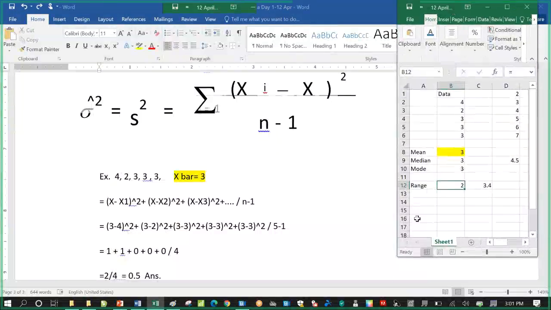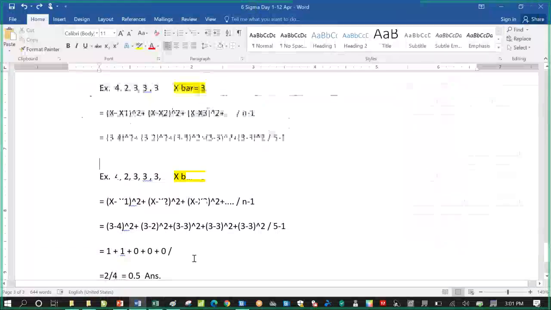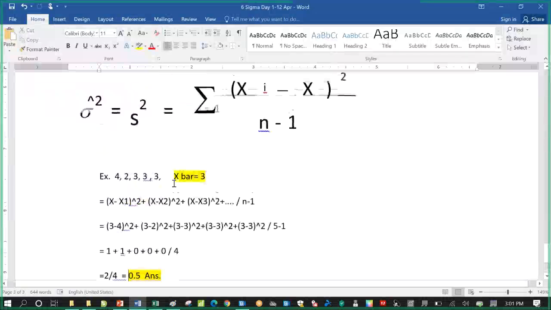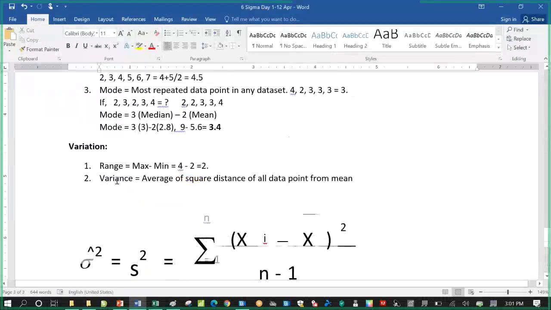Till now we have calculated s square, and the answer 0.5 is for s square.